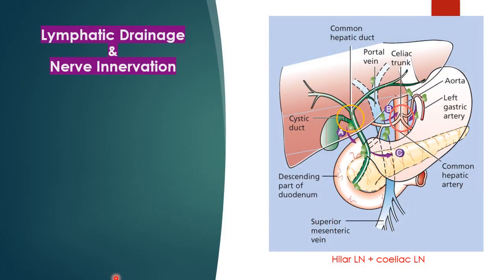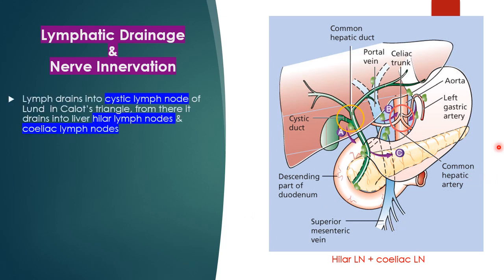Now the lymphatic drainage and the nerve innervation of the gallbladder and the biliary ducts. Okay, the gallbladder is drained by the lymphatics, which enter into the region of Calot's triangle, into the cystic node of Lund, which from there drain into the hilar lymph nodes at the hilum of the liver, and from here it drains into the celiac lymph nodes, which then enter into the para-aortic lymph nodes.